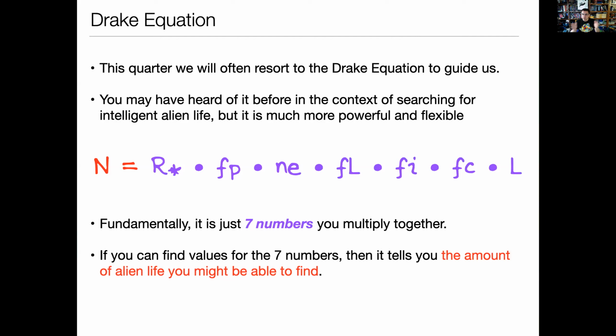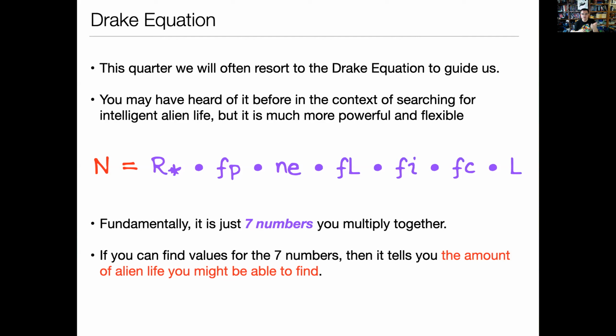And if I multiply those 7 numbers together, which you can do on a calculator, you can do it on paper, there's some unit analysis that goes into this to make it all work out. But the outcome of that multiplication is the number n. And the number n there is the amount of alien life you might be able to find.